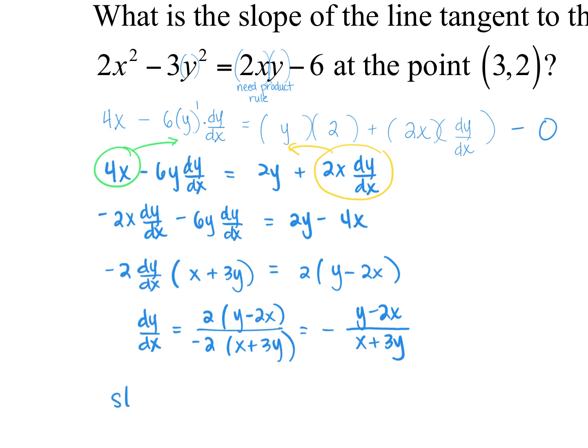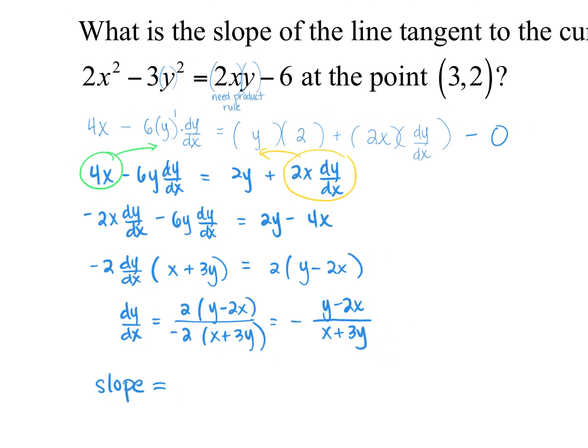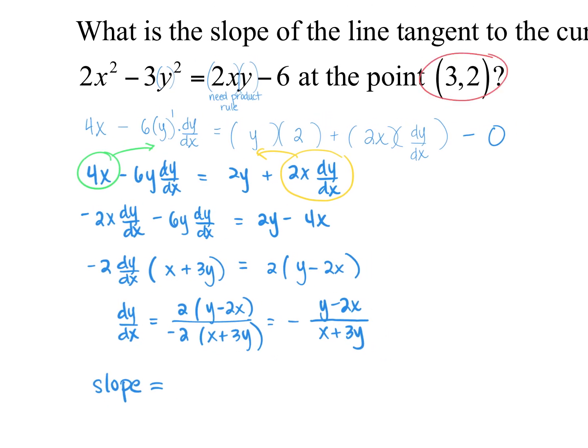The slope is going to use that derivative, and I'm going to plug in the point (3, 2) for x and y into that slope. So I'll have negative fraction 2 minus 2 times 3 over 3 plus 3 times 2.